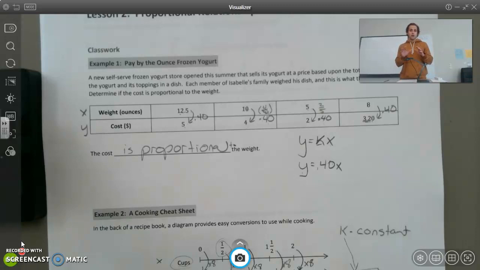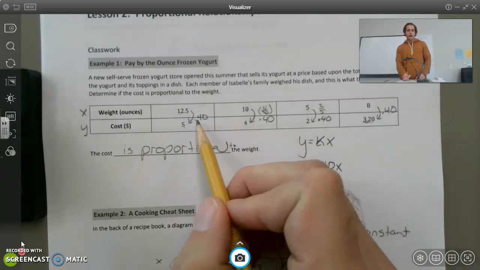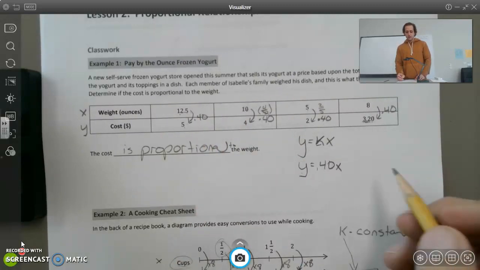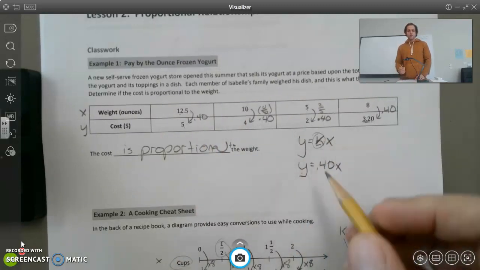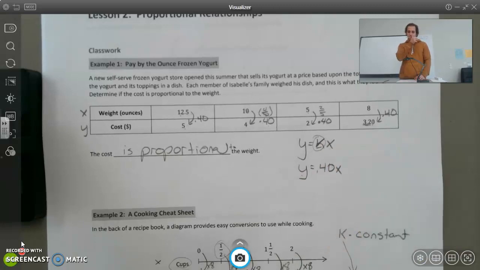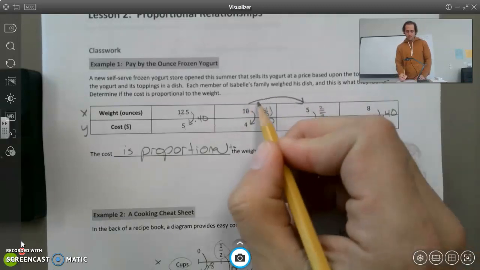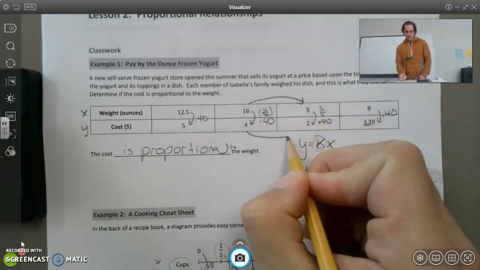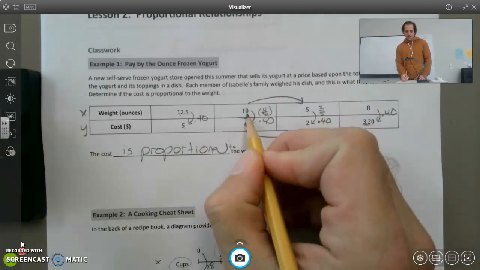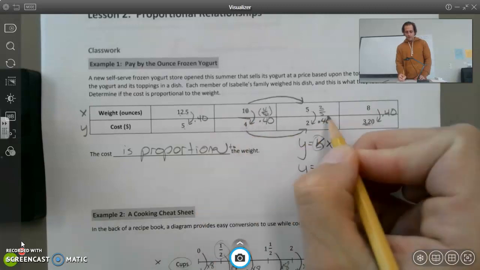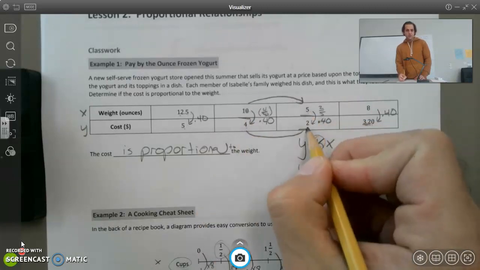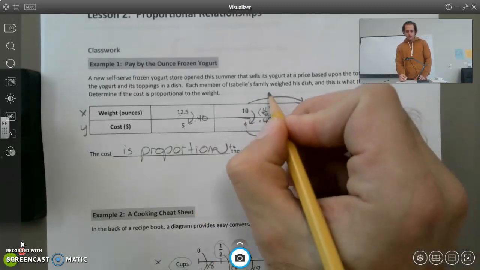All right, I do want to show you one other relationship here. As you look at the relationship between y and x, you will be able to determine that there's some constant. But another thing that you will pick up very easily, or should kind of intuitively see here, is that there's also the opportunity to look at it this way. Like if for every 10 it costs 4, for every 5 it costs 2, well, that's just times 1/2, right?